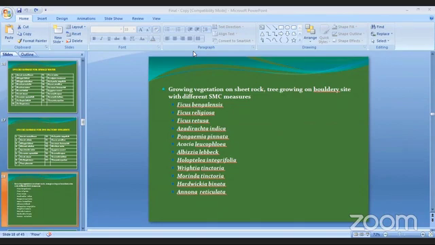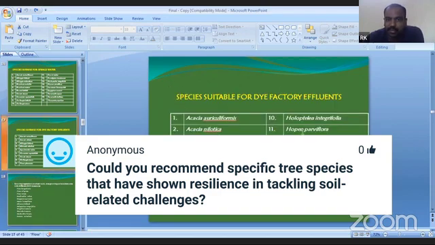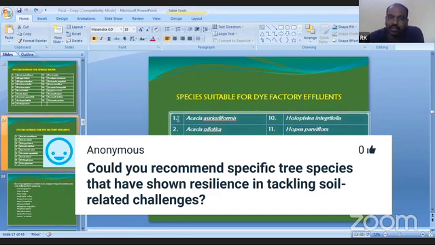Okay. And the next question is, could you recommend specific tree species that have shown resilience in tackling soil-related challenges? Yes. Suitable tree species, we have already discussed these 17 tree species. In the effluent and the factory, both are there. But out of the 17, which one suits your location? Suppose you are in Rajasthan. Then you go for Acacia nilotica, because Rajasthan is a drought-resistant area.